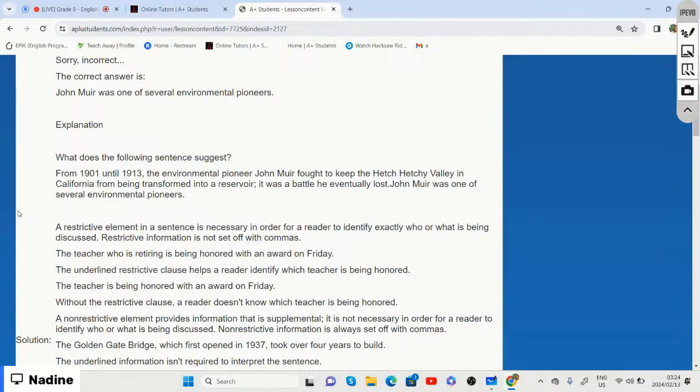A non-restrictive element is always set off with commas. Whereas with the restrictive element, it is not set off with a comma, but it is necessary in order for a reader to identify exactly who or what is being discussed.